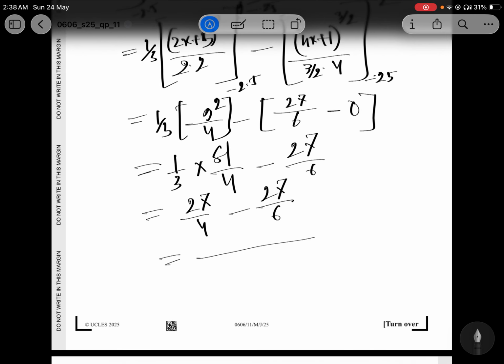Okay, what would be the nearest LCM? 12. 27 times 3 is 81, and 54. 27 over 12, which is 9 by 4. 9 by 4 is 2.25, that is, 2.25 square units.